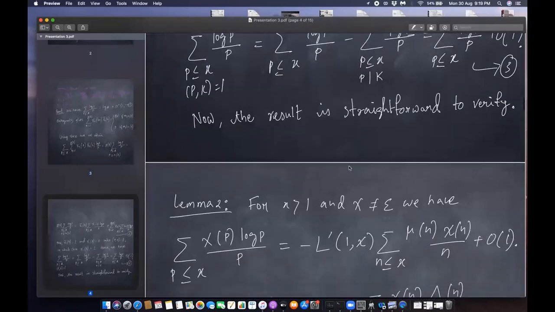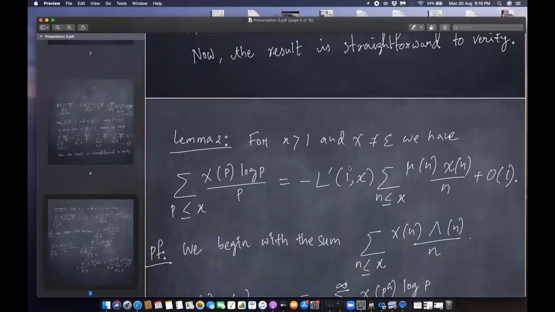So now we are going to prove lemma 2. Here we consider x greater than 1 and chi a non-principal Dirichlet character.